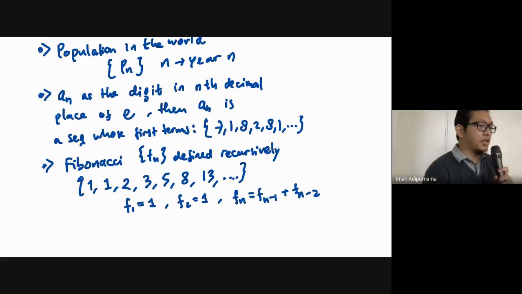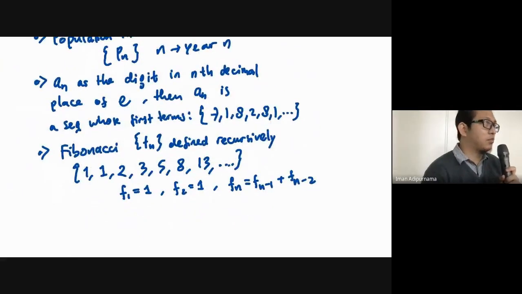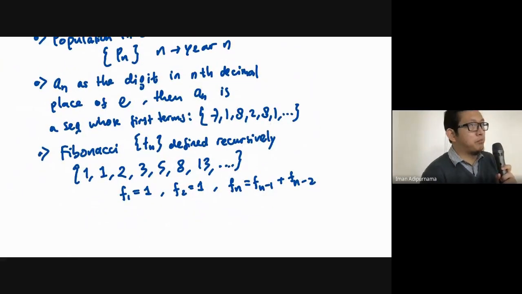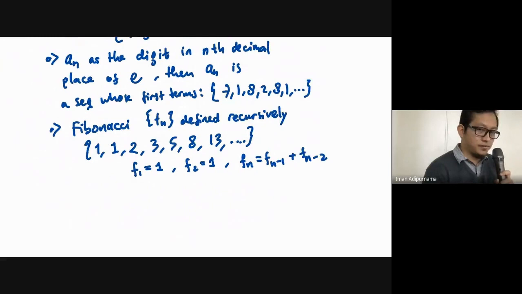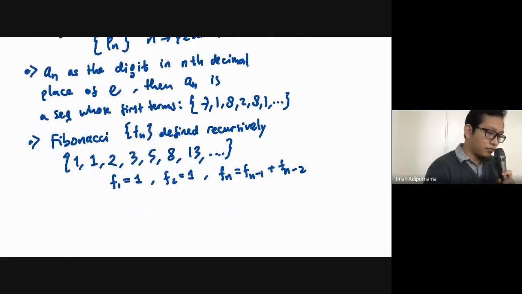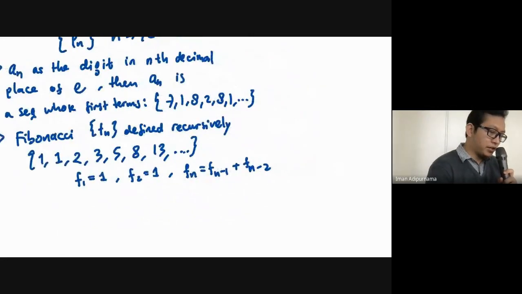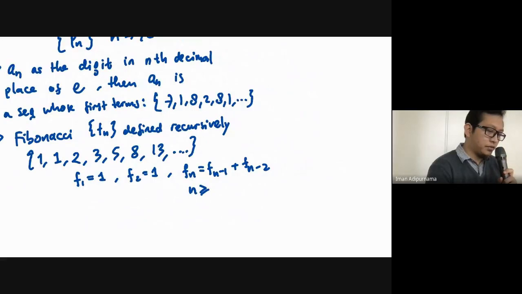So we add the last number to the number before it. And n should start from 3.